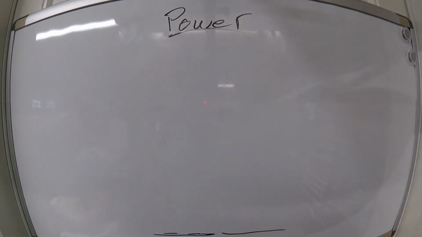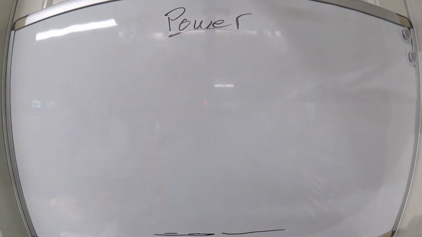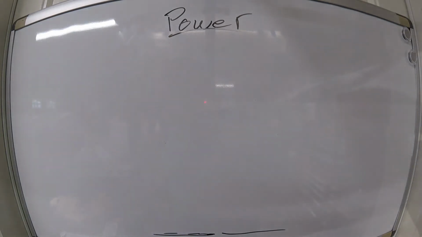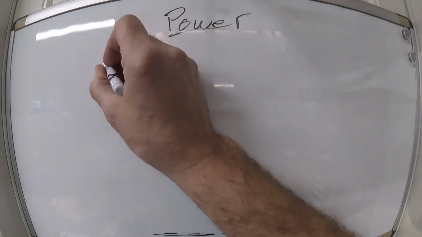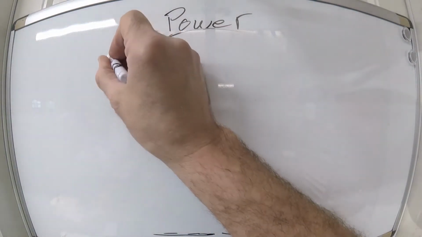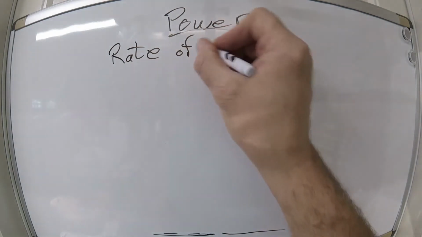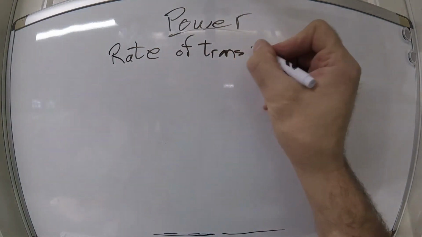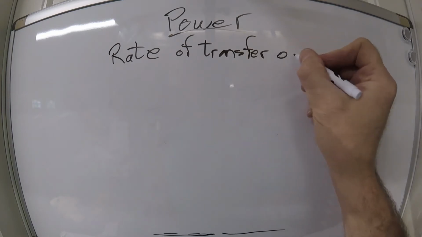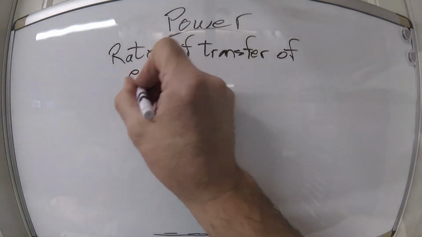The power is the rate of transfer of electrical energy. So it's measured by how much energy moves in a period of time. So let me write that up here. The rate of transfer of electrical energy.